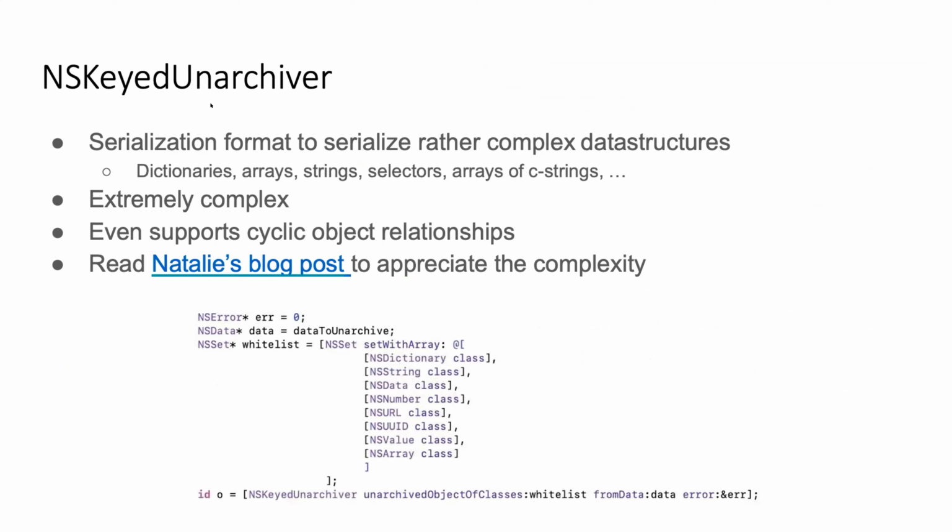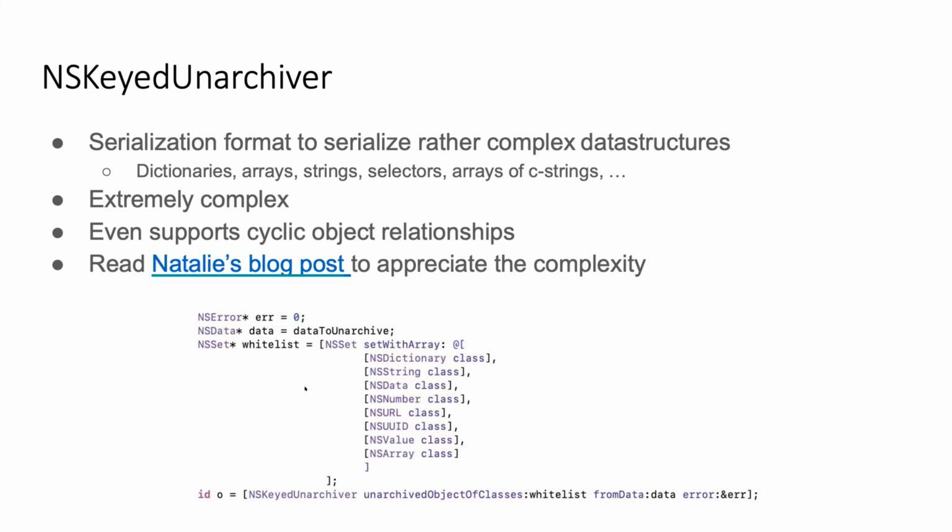Here is an example of the API NSKeyedUnarchiver, and this is Objective-C at the bottom. If you are not familiar with Objective-C, you can think of the brackets as method calls. In this case, it shows that it will only decode dictionary, strings, data, etc. But if you dig deeper into this, it's not true, because it also allows all the subclasses to be decoded.